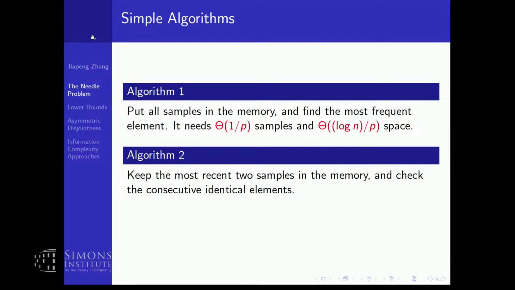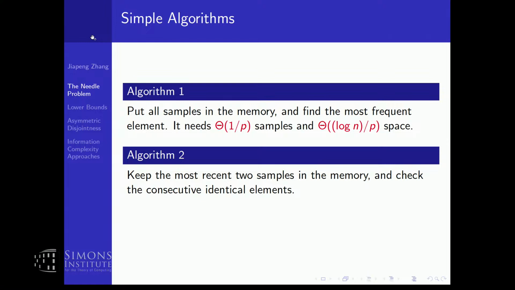So this is the first setting. The second setting is that I have really small space, meaning probably O(log n) space. Then another straightforward algorithm is to throw away all the samples and only keep the most recent two samples.